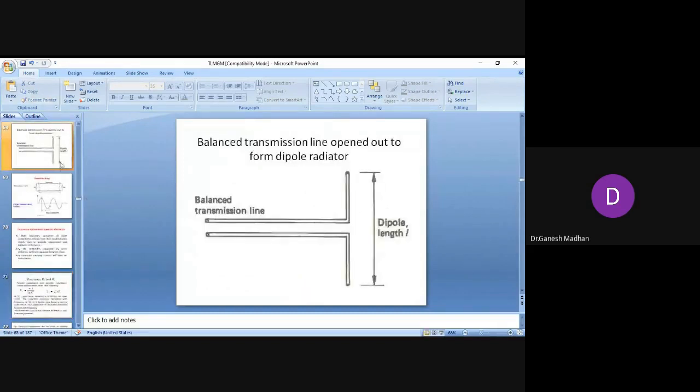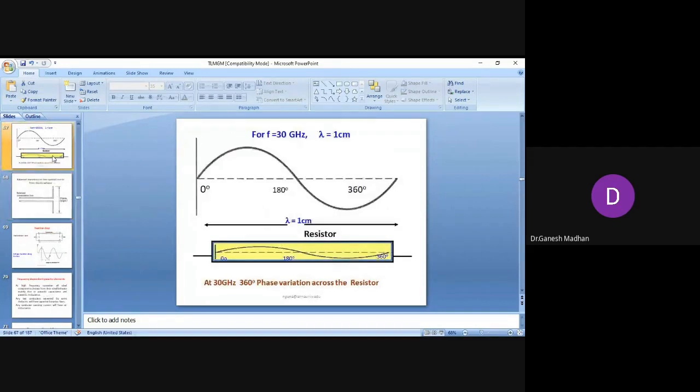So what you see here is that at high frequency, the voltage and currents are functions of both distance and time. The voltage at 0 centimeter will be different from the voltage at 0.5 centimeter and at 0.75 centimeter.